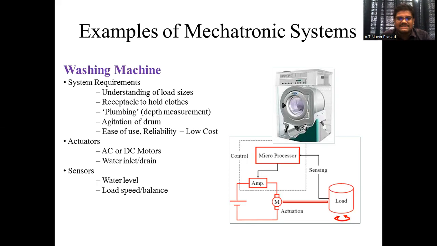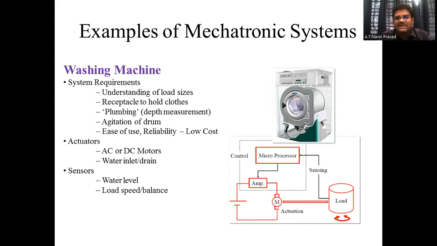First is understanding of load sizes. For example, we have a 14 kg load, a 16 kg load. Based on the load, we put the cloths into the washing machine. Next is the plumbing, which is for the depth measurement and also for the water inlet and outlet, and it should be easy to use and low cost.